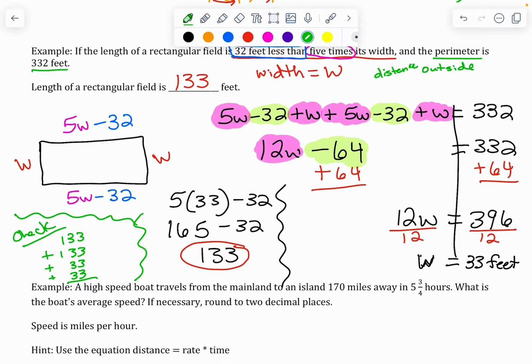Grab your calculator, you can plug it into your calculator, and you get 332 feet, which is what we needed. It's what we were looking for because that's our perimeter.